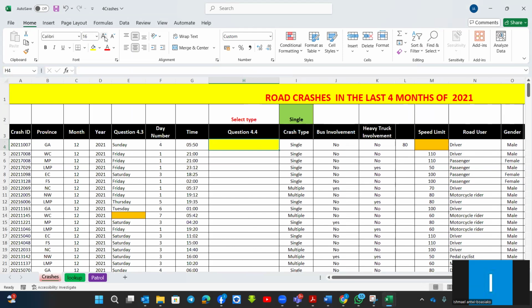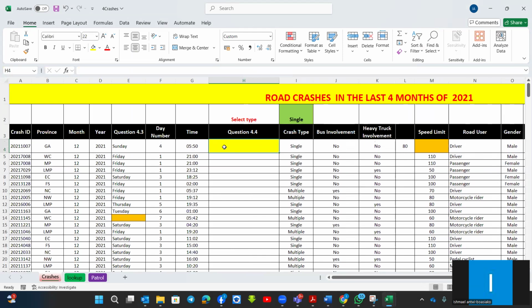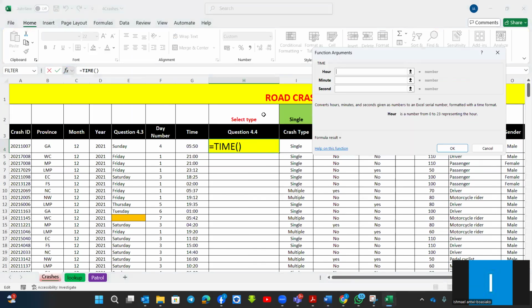Just like the way we were calculating the date, we use the time function, equal sign TIME. We click on fx. Now the hour, just like the way we used the year, month and day, here we repeat HOUR into bracket, the given time, MINUTE into bracket, the given time as well, and then SECOND into bracket, the time given.